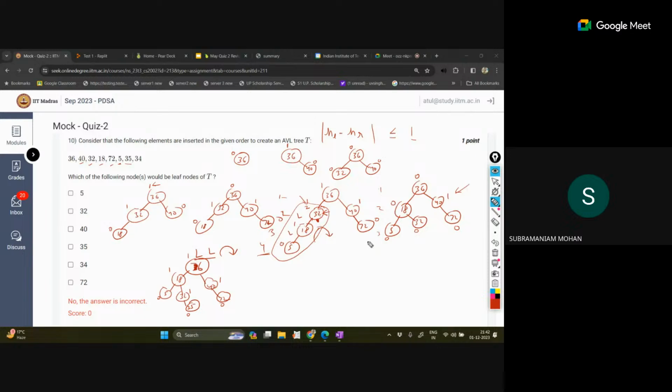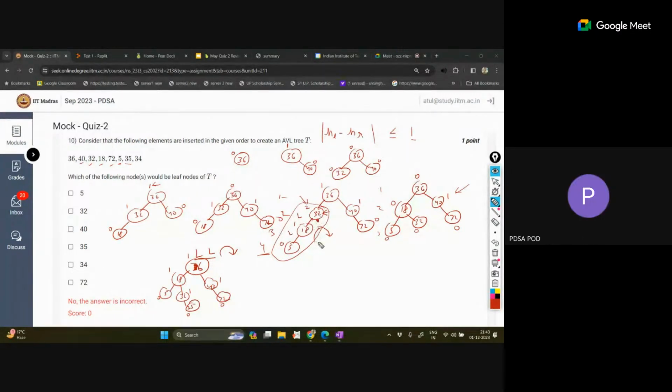Sir, you are comparing the left to right, which tree, sir? 40 and 72 and the 32, 18 and 5, is it? Which step are you talking about now? No, the same thing, the left rotation you are deciding. You're doing the rotation because the height difference is 2, it's more than 1, no? Yes, more than one. But the comparison is between the left and the right minor tree or the major tree, right? I'm not getting where you're talking.